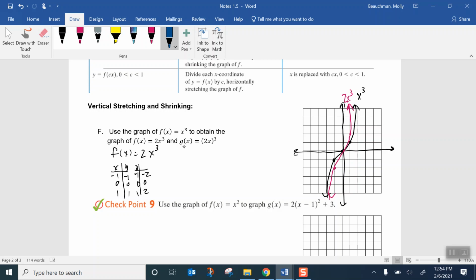Okay, so a horizontal stretch, if you think of g of x, 2x cubed, what we're doing is multiplying all the x-coordinates by 2 instead of the y-coordinates. So think about your original points, negative 1, negative 1, 0, 0, 1, 1. If we multiply the x's by 2, I get negative 2, negative 1, 0, 0, and then 2, 1.